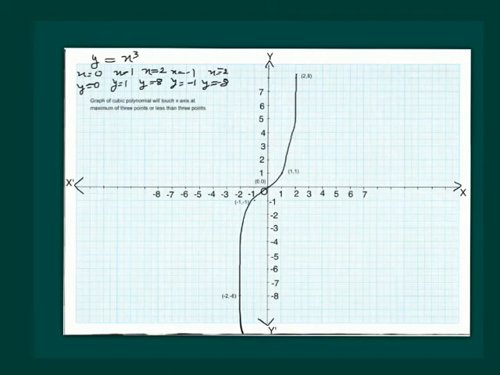As the graph of a cubic polynomial here is touching the x-axis at only one point, we come to the conclusion that the graph of a cubic polynomial will touch the x-axis at a maximum of 3 points, or it will touch at less than 3 points.